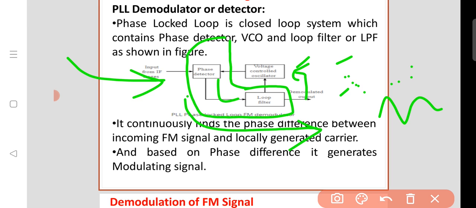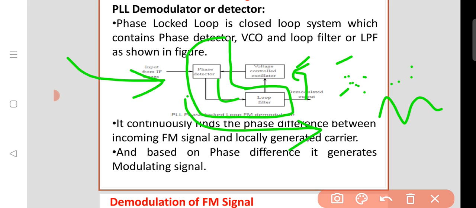Actually, the VCO is a sine wave oscillator in which the frequency varies with the input control voltage. It continuously produces oscillations for the phase detection. That oscillation is nothing but a frequency, so this frequency and the input frequency are both compared in the phase detector.